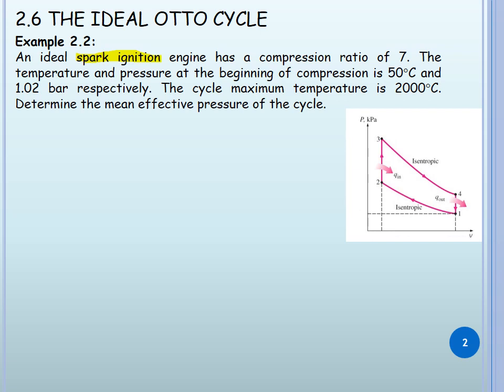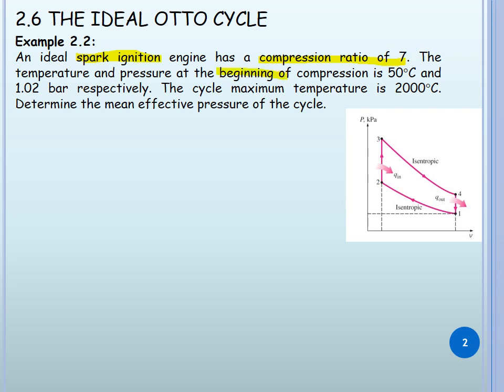So the ideal spark ignition engine, or Otto cycle, has a compression ratio of 7. So they give you rv equals 7. The temperature and pressure at the beginning of the compression are 50 degrees Celsius and 1.02 bar respectively.